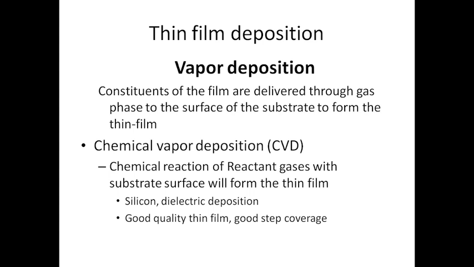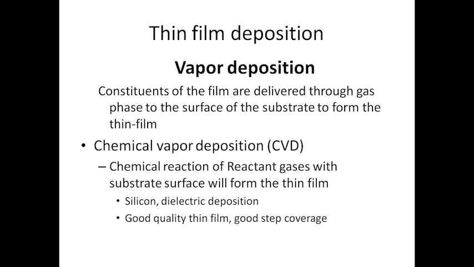One way of doing this vapor deposition is chemical vapor deposition. In chemical vapor deposition, a chemical reaction of the reactant gases with the substrate surface will form a thin film. There is a chemical reaction happening between reactant gases which contain the material to be deposited. It will react with the substrate surface and we are going to have the thin film formed over the substrate.